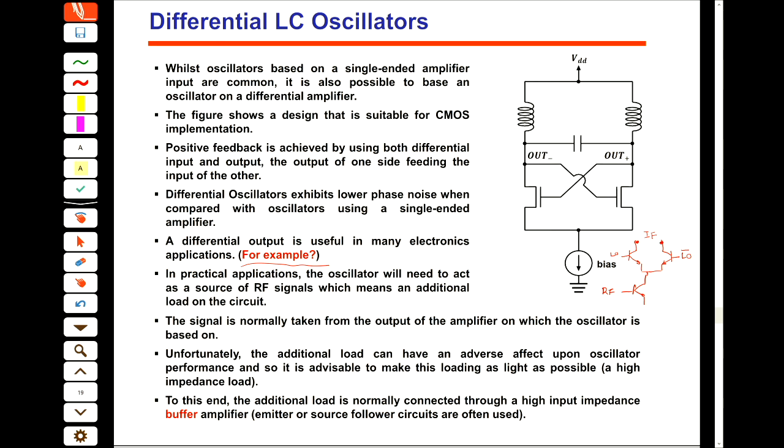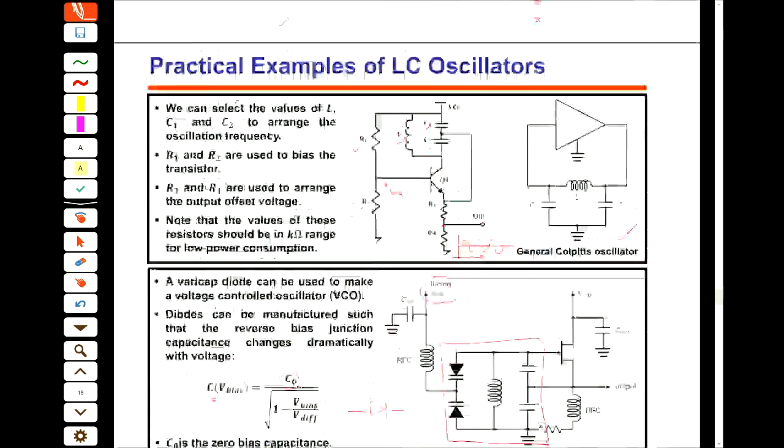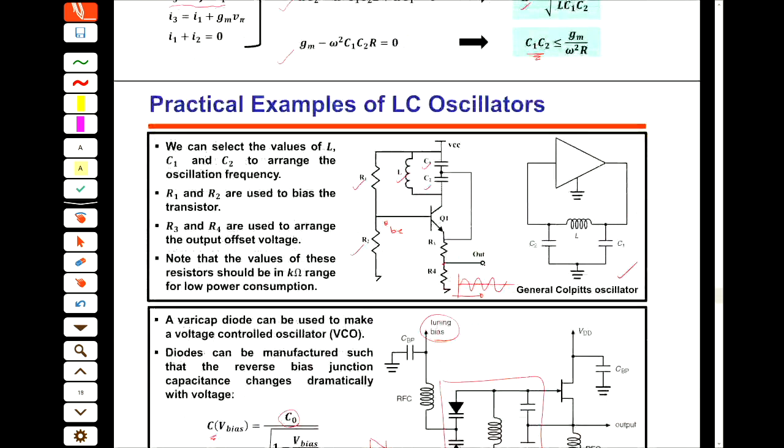And in your design project also you need a differential output. You can make a circuit like this, and then after this put another stage to get a differential signal.